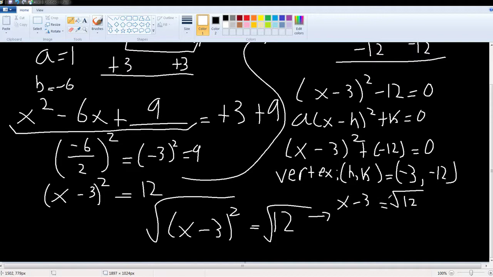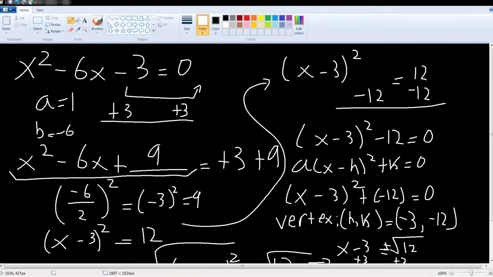Remember, square root implies plus or minus, meaning there's a positive answer and a negative answer. Then the roots are x equals, we add 3, 3 plus or minus square root of 12. Remember, you should be getting 2 answers for finding the roots of a quadratic equation. So that is our first example.